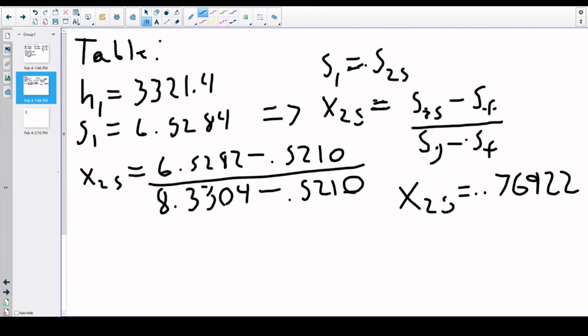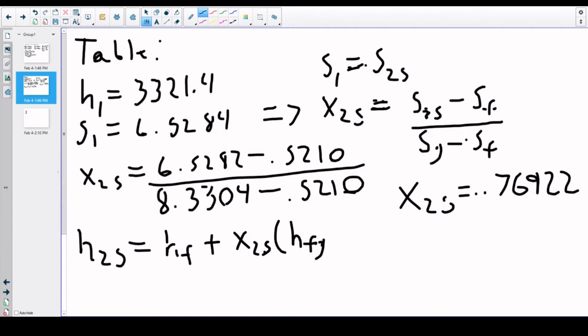And so then we move on to solving for H2S. H2S is equal to HF plus X2S times HFG. Since all of these values are known, you can just solve the right-hand side of the equation for H2S. I started to write it out, but then I changed it because I ran out of room.